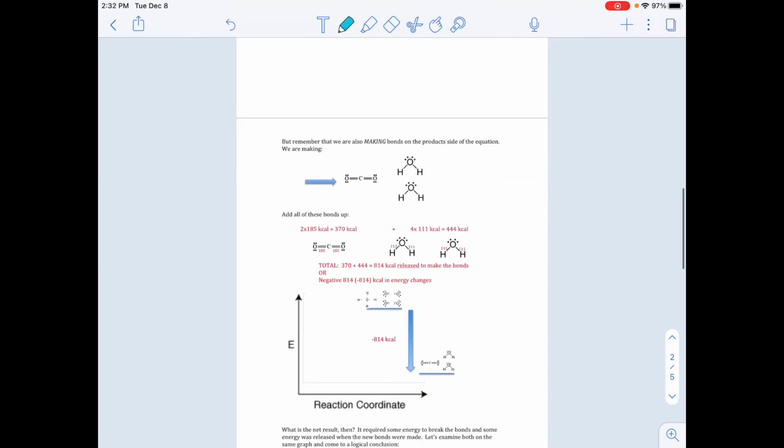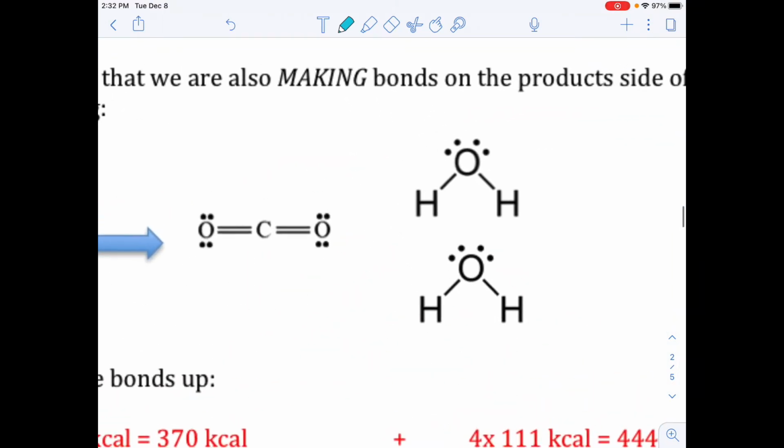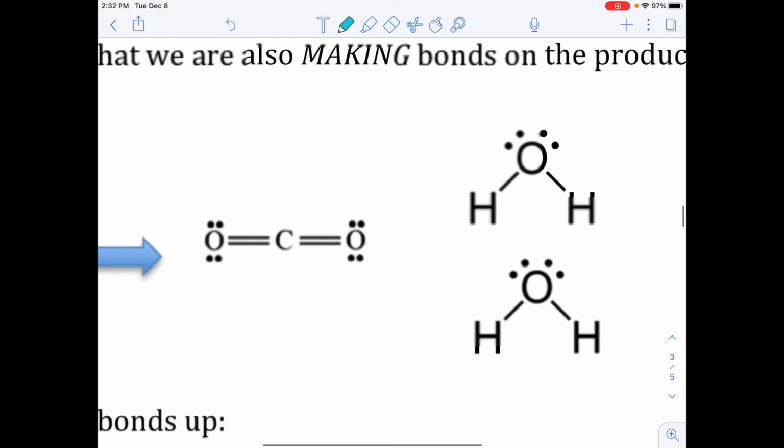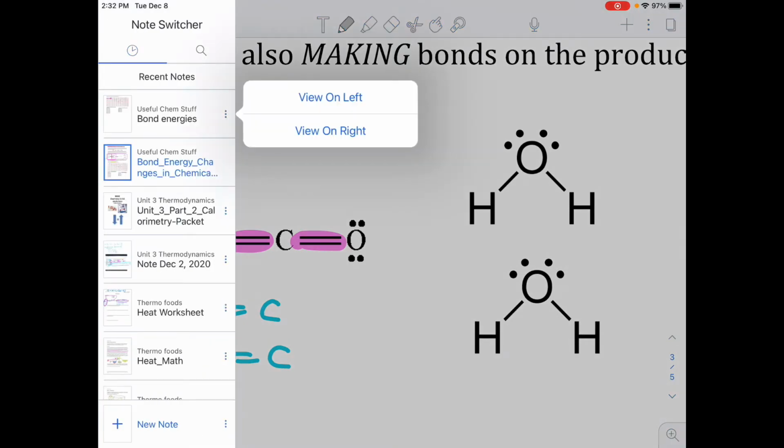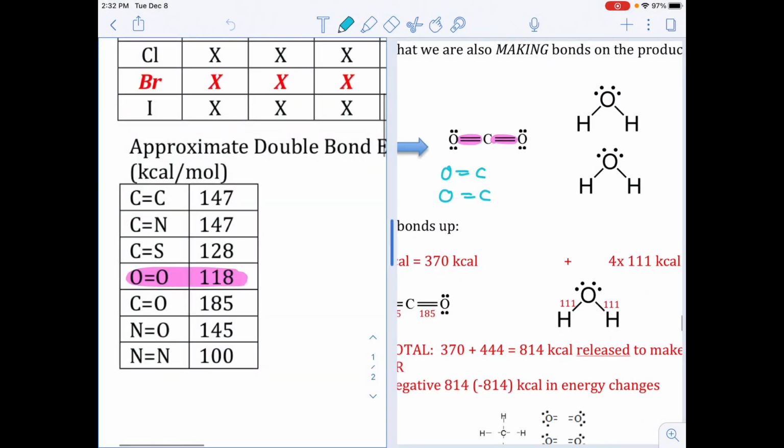If I look at the other side, here's the other side of that reaction. So now I'll do this without the cheat sheet. I'm looking at this bond here and this bond here. This happens to be an O double bonded to a C, O double bonded to a C. I will look at my list, and here, 185.